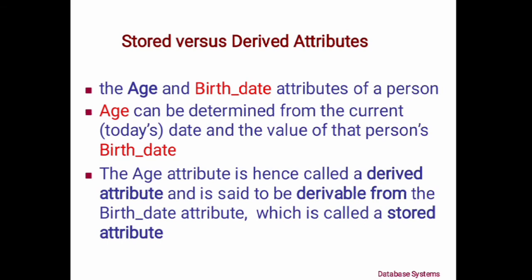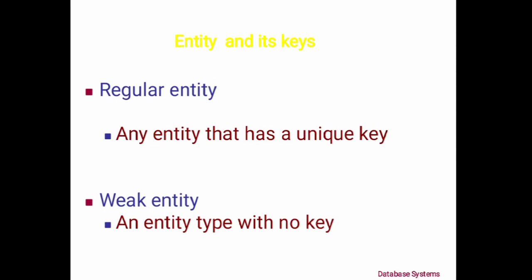Here birth date is a stored attribute, whereas age is a derived attribute. Next is entity and its keys. A strong entity has a unique key, whereas a weak entity does not have any key.